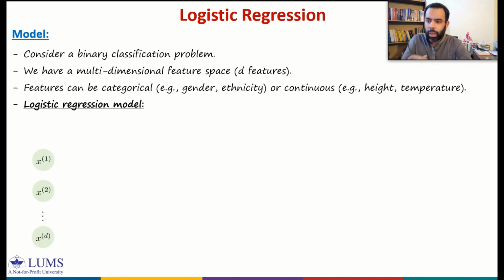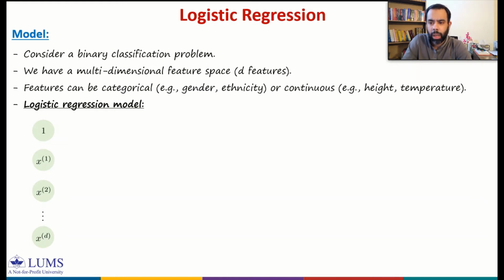We assume that as input we have x1, x2, up to xd, so d number of features at input, and we also add one constant feature that does not depend on the input. It is just a constant, and we will see very shortly what the interpretation of this constant is.